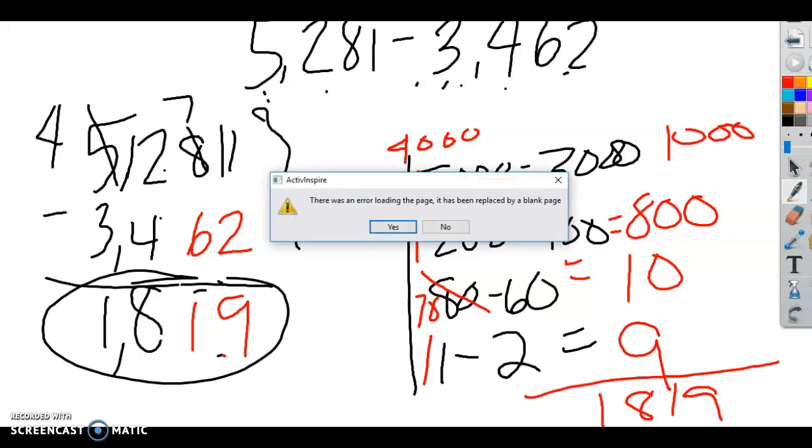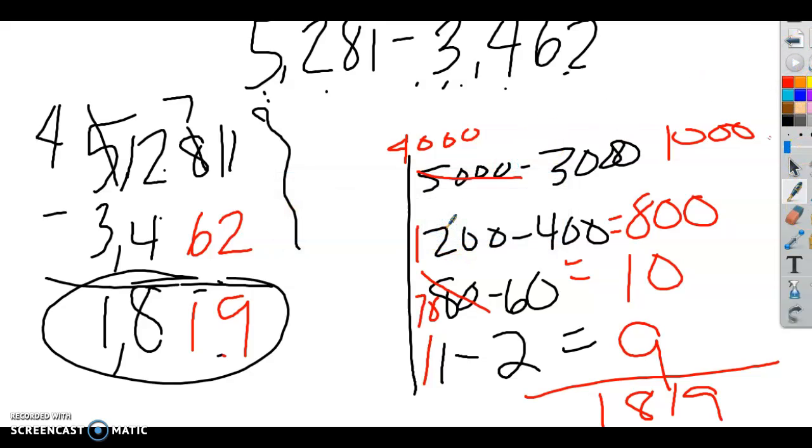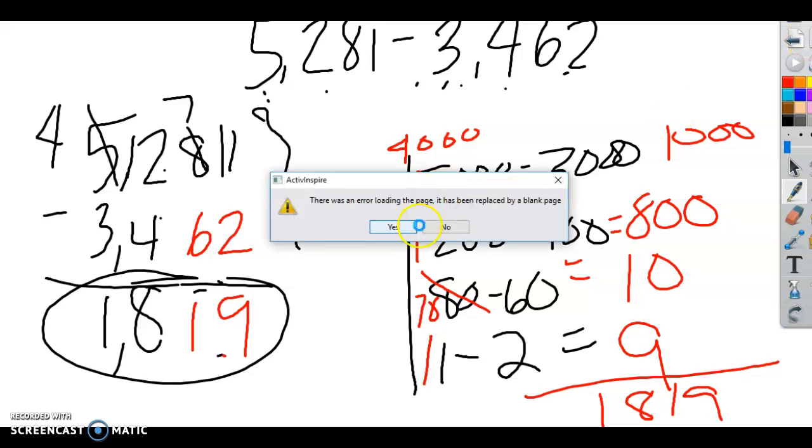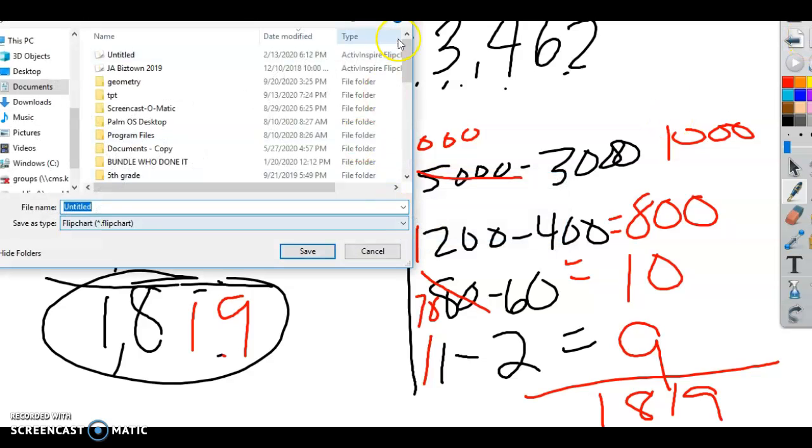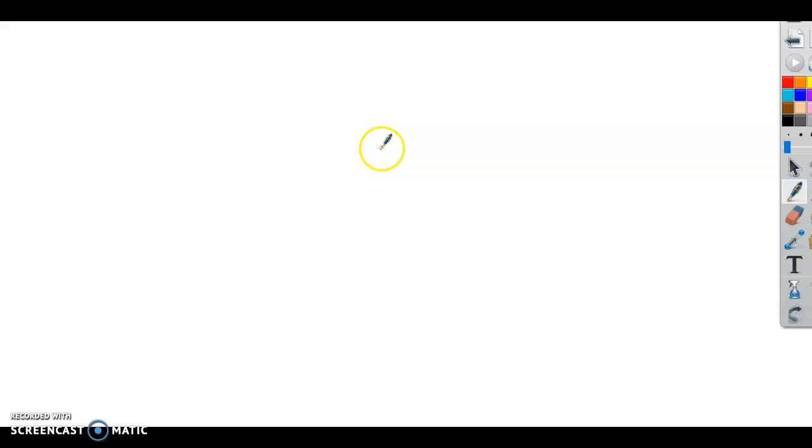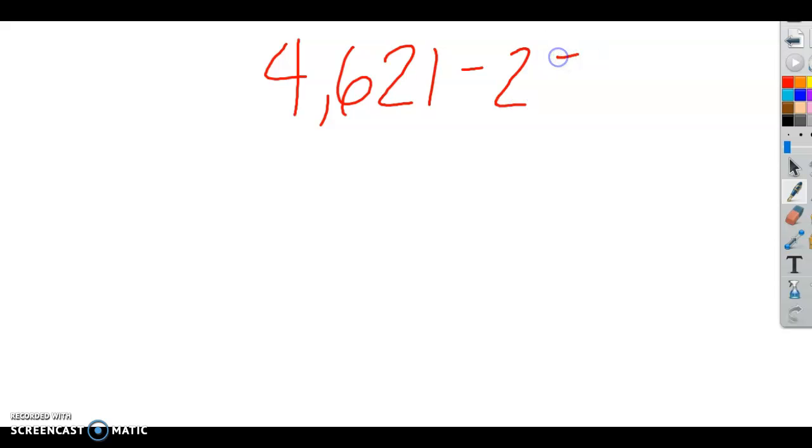Just one more. No. Wait. Yes. No, let's not do that. There we go. So let's do 4,621 minus 2,740. All right, so let's subtract this. So remember, let's set up the problem first.